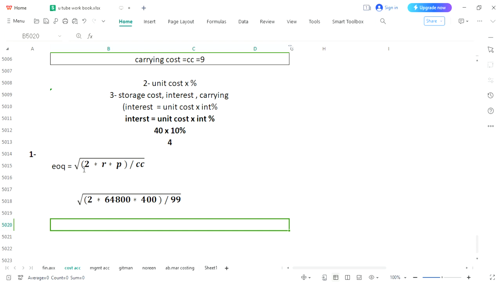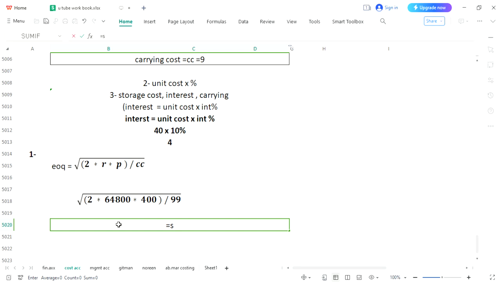So it's not direct mathematical calculation in financial accounting or cost or management accounting. So there would be a little time you will take to calculate. On your calculator, you will put under root first and then you will write this statement. But in Excel, there is a little difference.